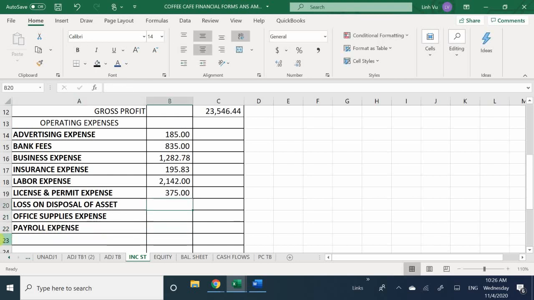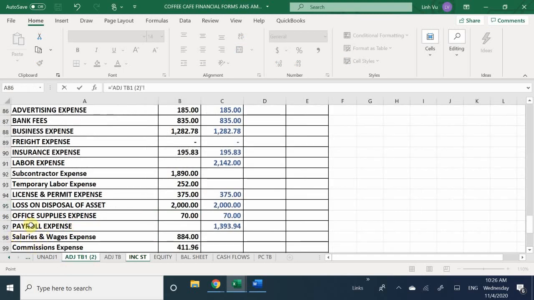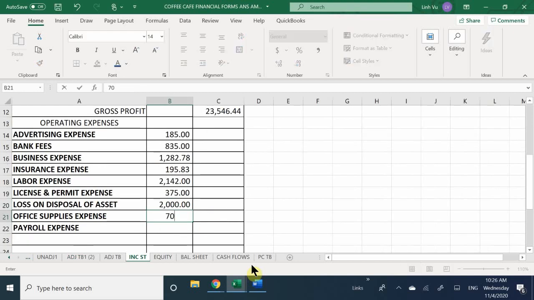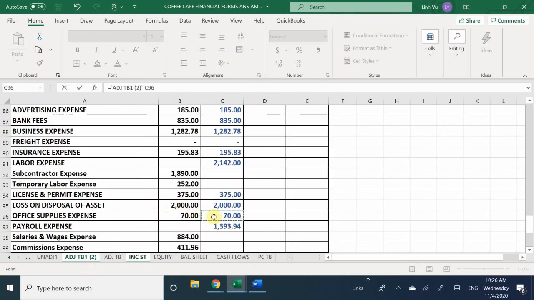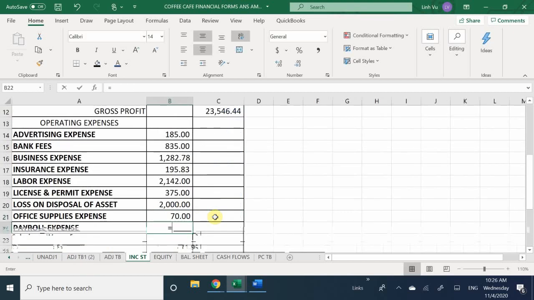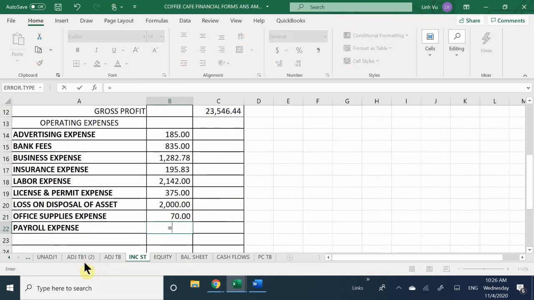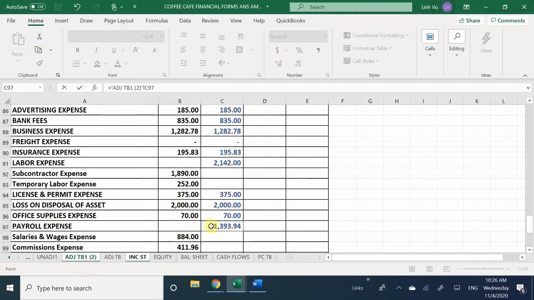Okay, so what was my total loss on disposal of assets? 2,000. My supplies was 70. I'm just going to copy it to keep it consistent. 13, 33.